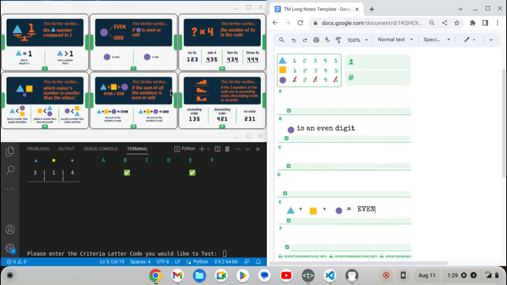So the question is, how many 4s can there be? Can they all be 4? Well, I don't think they can all be 4, because if they were all 4, then we would know that there would be no order. So I think it's fair to say that they all can't be 4. And I do have a single 4 in my proposal.